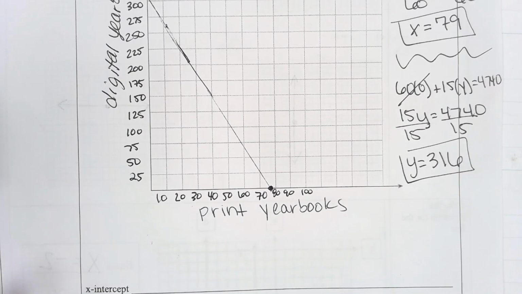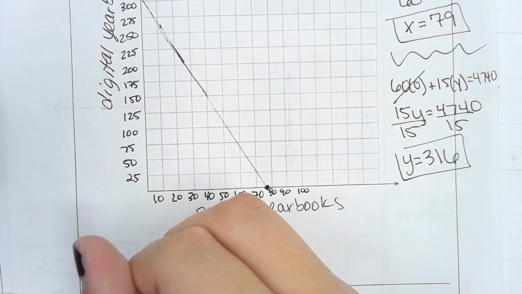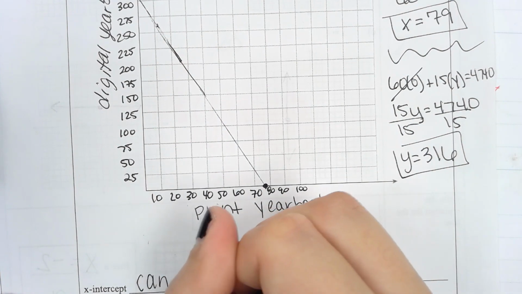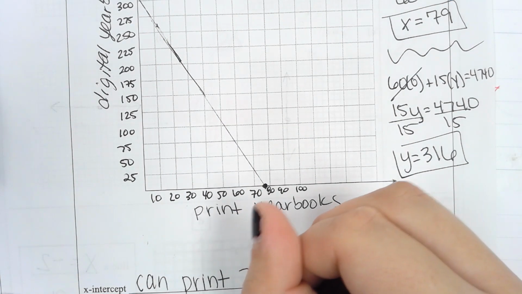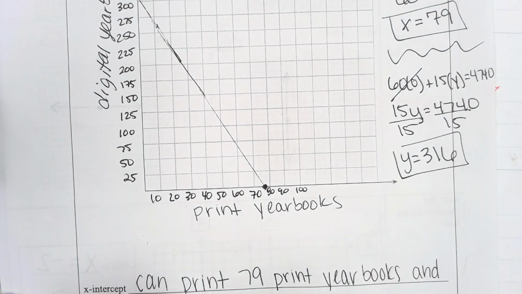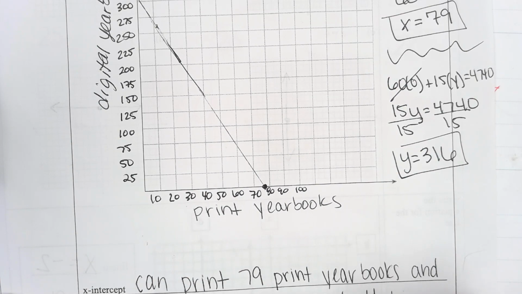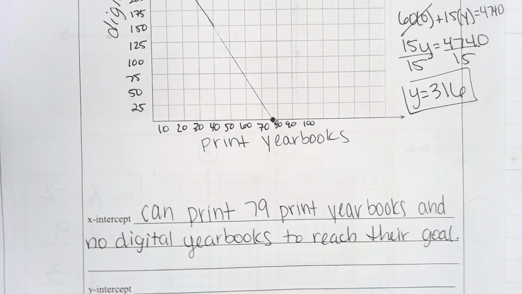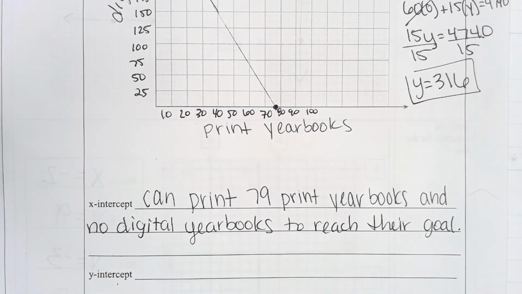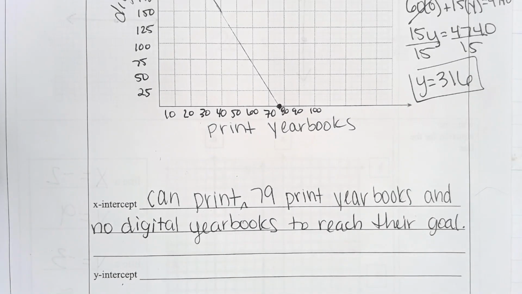So if I wanted to interpret that, I could just put: they need to print at least, so I can put at least there, so can print 79 print yearbooks and no digital yearbooks to reach their goal.